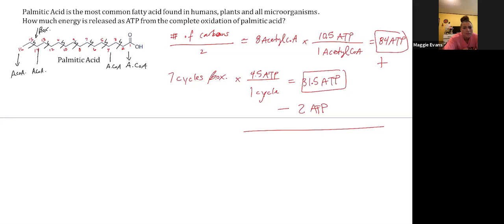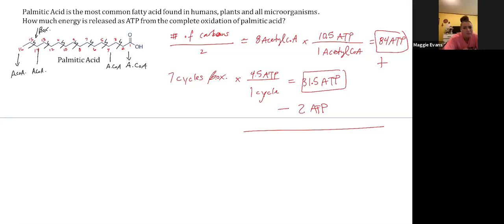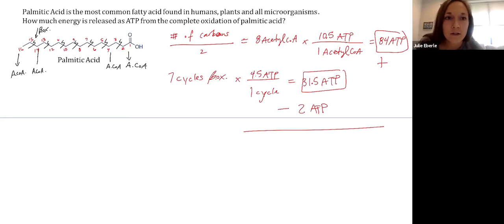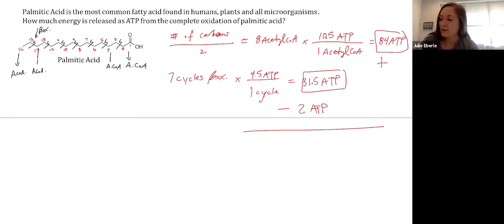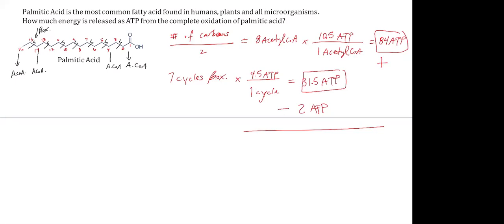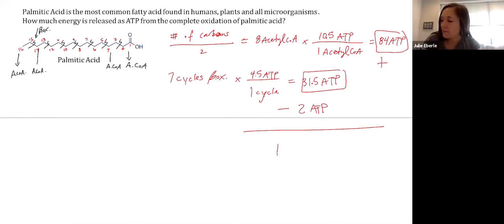I got 29.5. Did you do 84 plus 31.5? Oh no, wait a minute. No, I subtracted 2 from 84, plus 31.5. Isn't it 113.5? That's what I got.